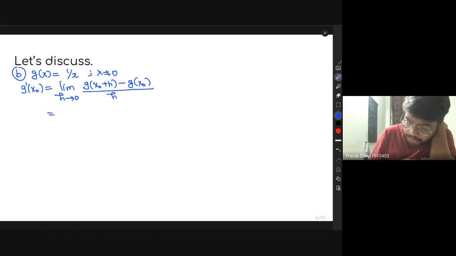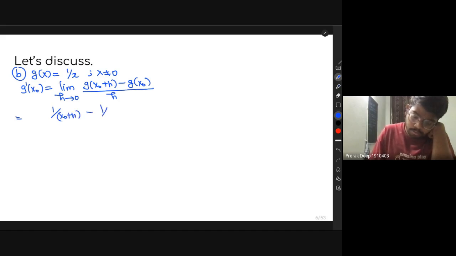And what is g of x naught plus h? It is 1 over x naught plus h, minus 1 over x naught, divided by h. This whole limit is as h goes to 0.